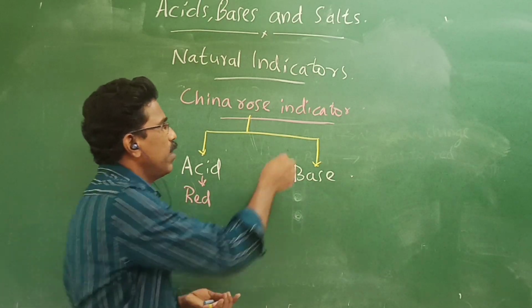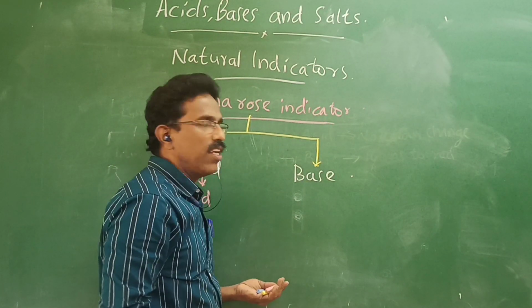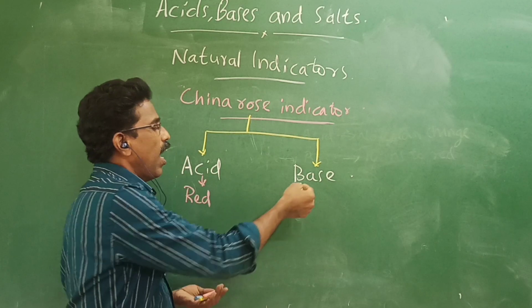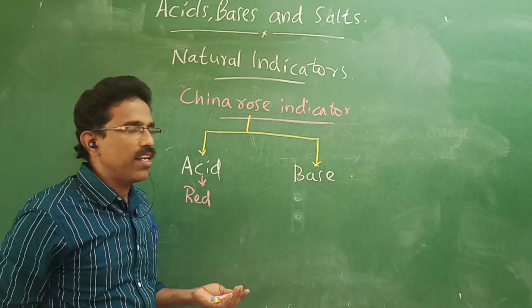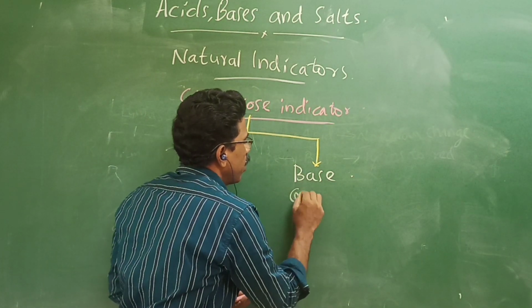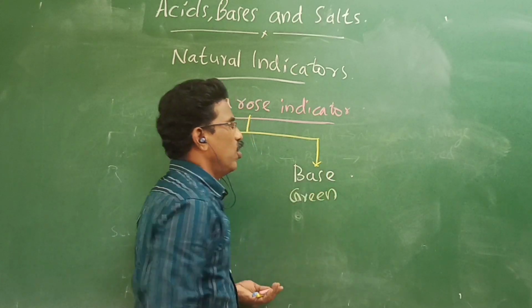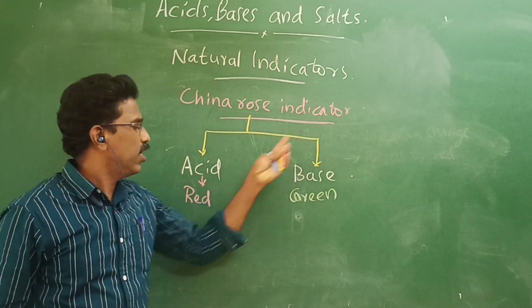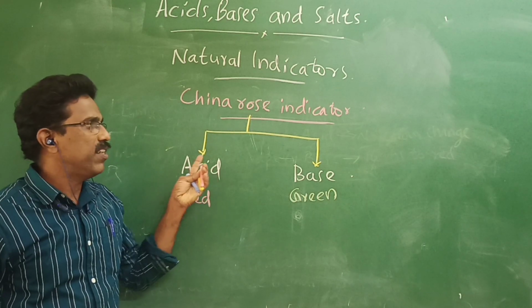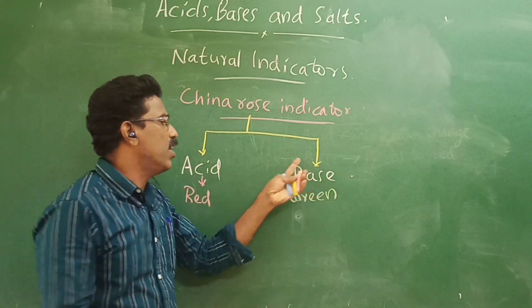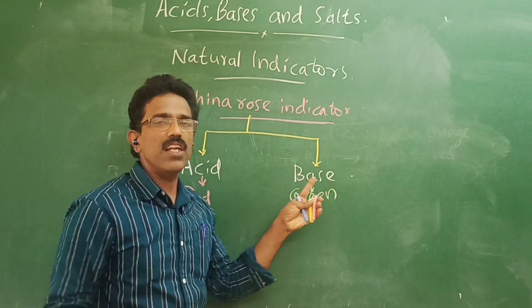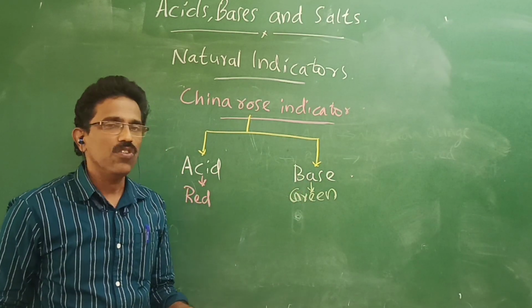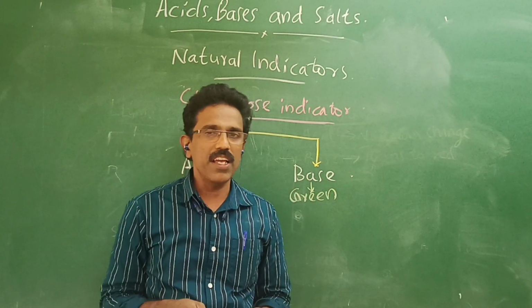And at the same time, when we add base on China-rose indicator, what happened? The color becomes green. So China-rose indicator gives red coloration with the acid and green coloration with the base. Green coloration with the base.